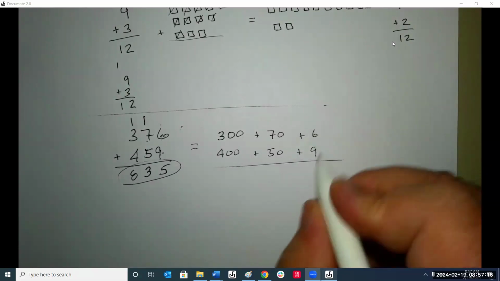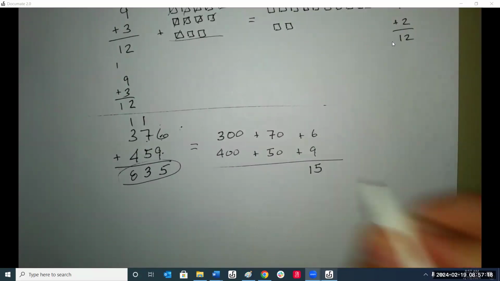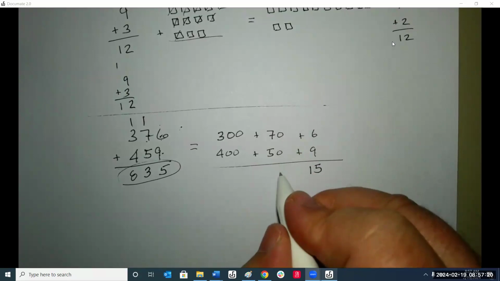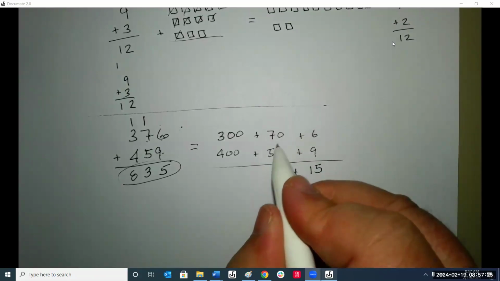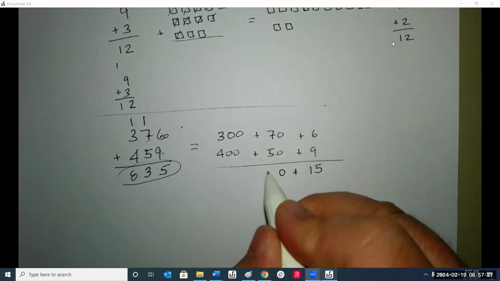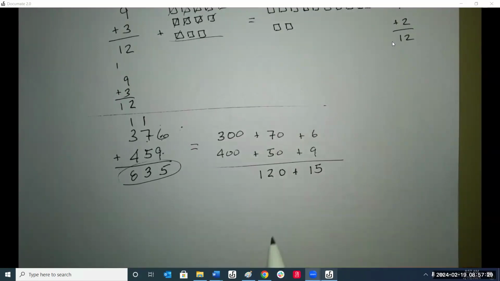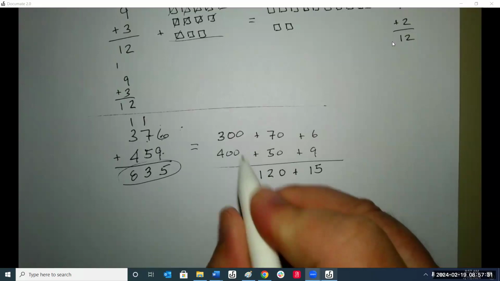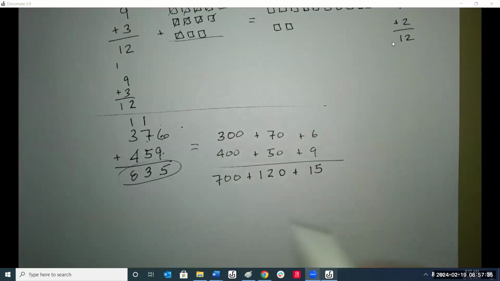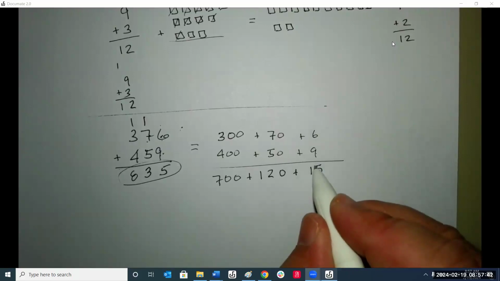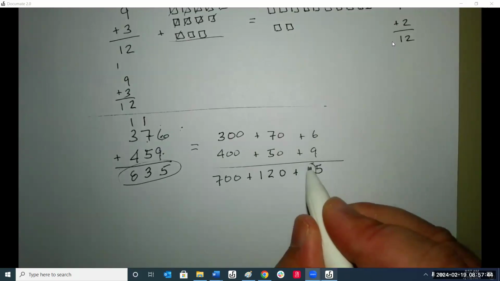Because you have 9 plus 6 is 15. Zeros. 7, 8, 9, 10, then 12. Which is straight down, so that's 0, that's 0, and that's 7. So this number goes over there.